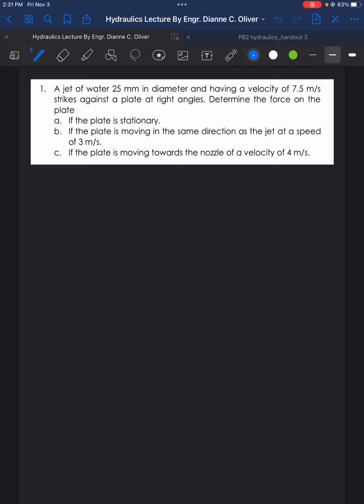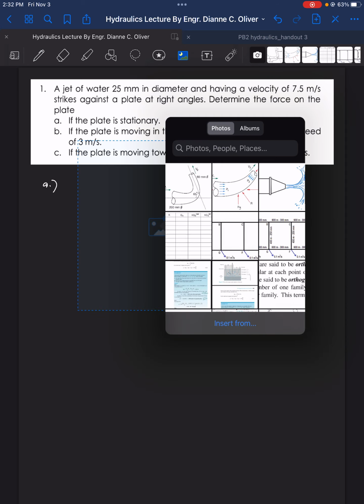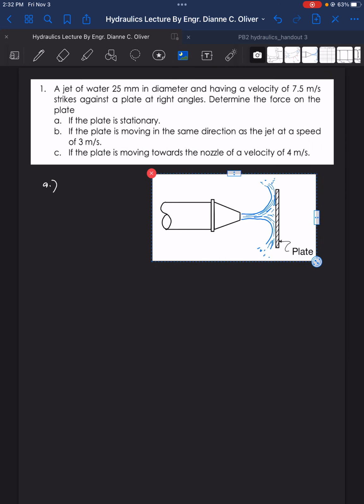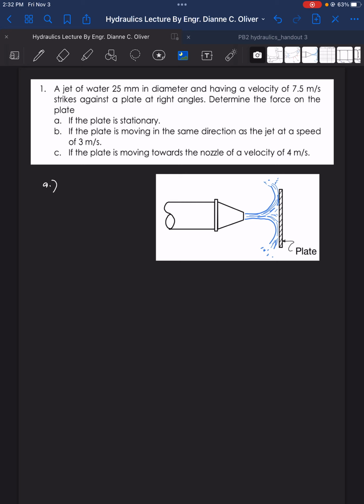So for the first one, if the plate is stationary, so A. So this is our plate. So stationary, or that is V2 is equal to 0.